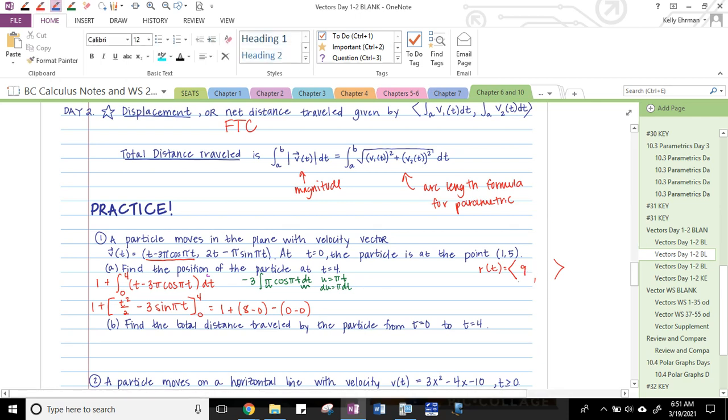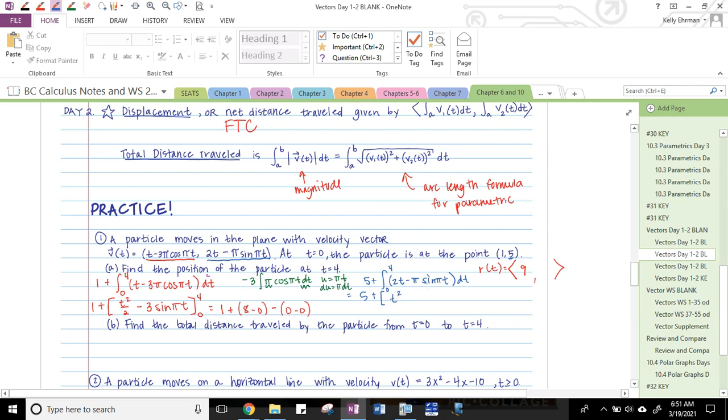And then I'm going to do the same thing, but with the y component. So the y value is starting at 5. And we have the integral from 0 to 4 of the velocity for that y component, which is 2t minus pi sine of pi t dt. 5 plus 2t squared over 2 will just be t squared.